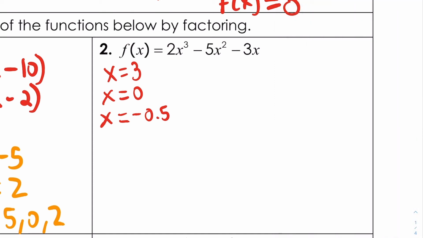To change these x-intercepts back into factors, we can convert them. We'll move the right side of the equation back to the left side, so that the 3 is going to be on the same side as x, and that makes x minus 3. For the middle one, if you move 0 to the other side, it's not going to change anything.